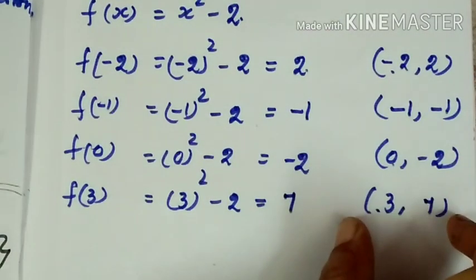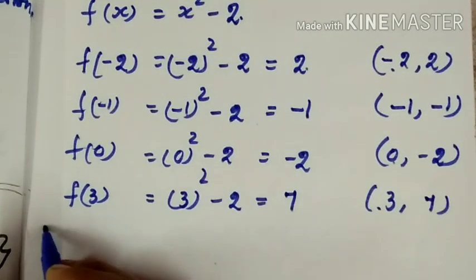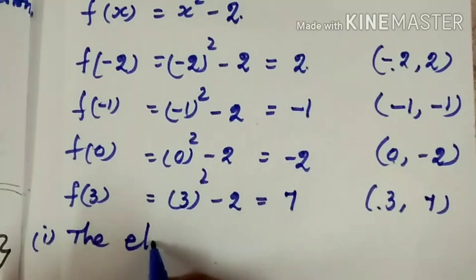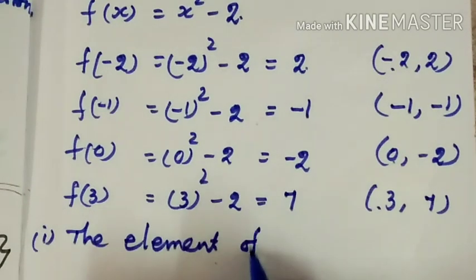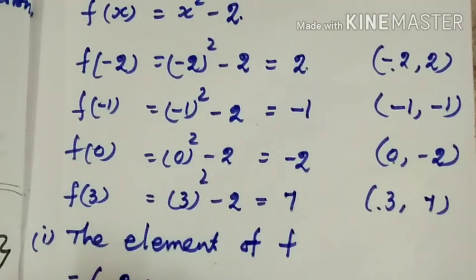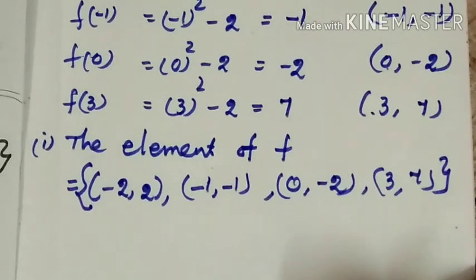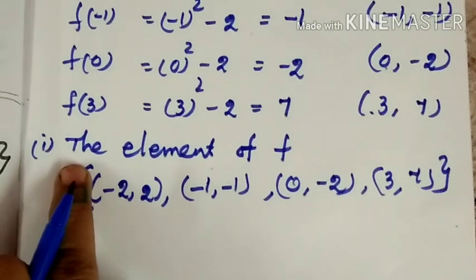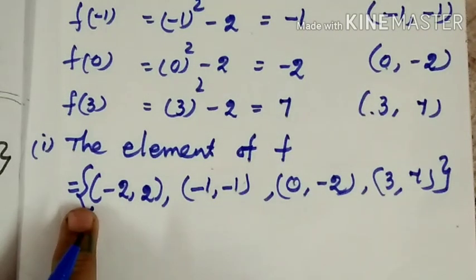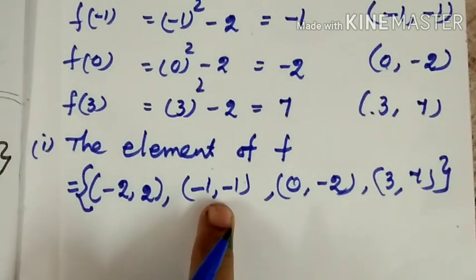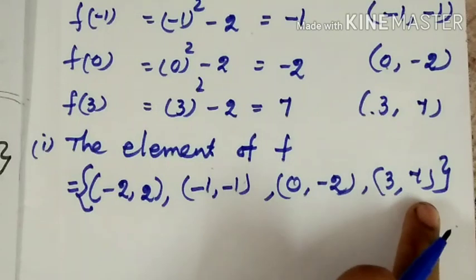These ordered pairs are called the elements of f. The elements of f equal minus 2 comma 2, minus 1 comma minus 1, 0 comma minus 2, 3 comma 7.